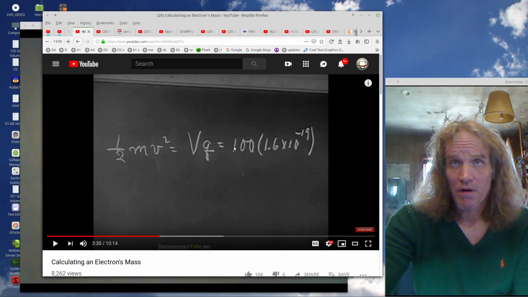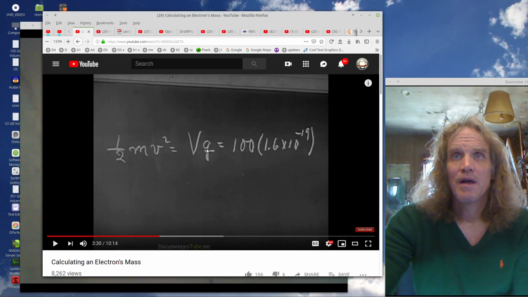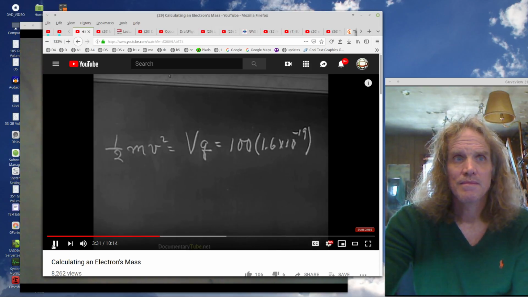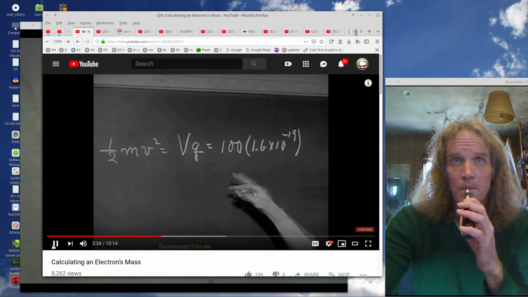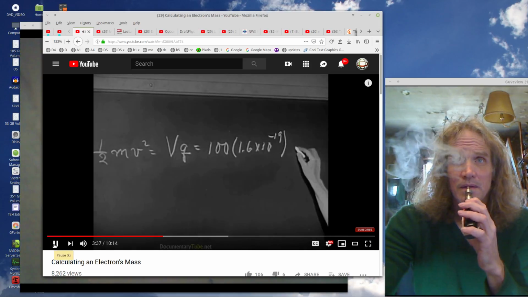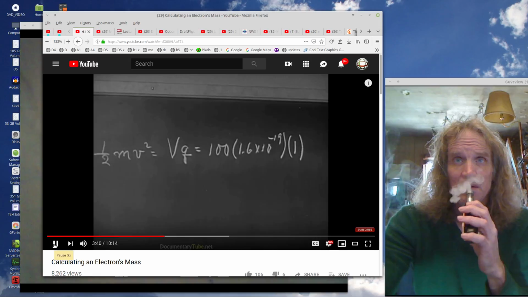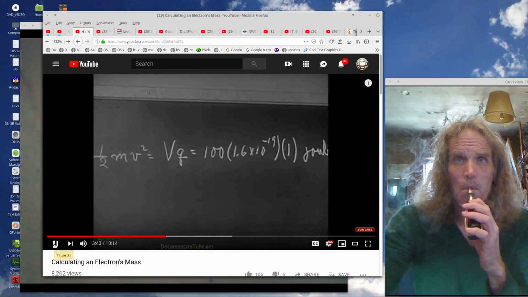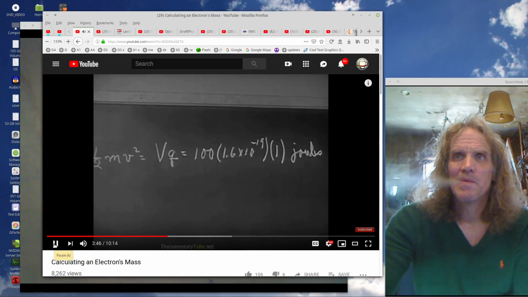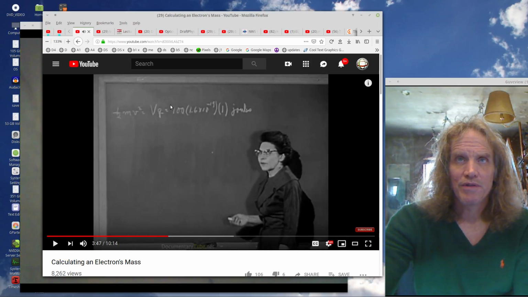I guess the 1/2 mv squared, this is velocity, not voltage, and so that's the voltage times Q. Per elementary charge, and now an electron has one elementary charge, so our Q is 1. And this is the energy of one electron as it leaves the gun. So the 100 would be the voltage, so the V is voltage, and this little v is velocity.